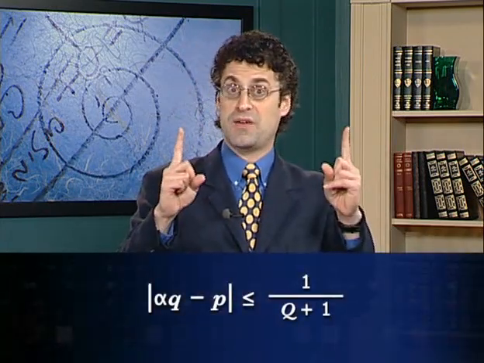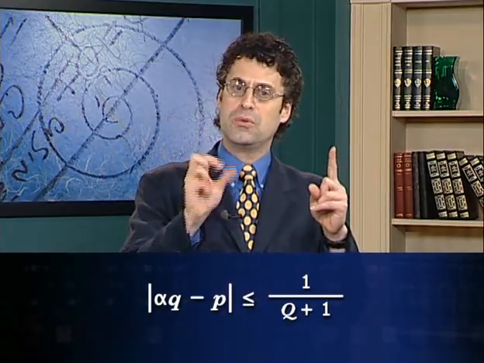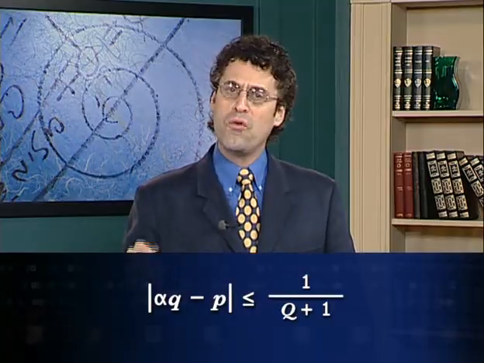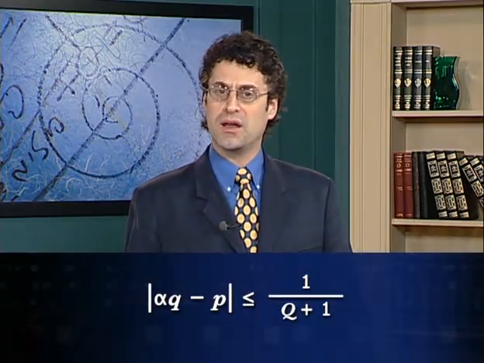In some sense, this value is a weighted measure of how well p over q approximates alpha, weighted in the sense that we're weighting it against the size of the denominator. By Dirichlet's result, we see that the rational p over q appearing in his theorem satisfies the inequality: the absolute value of alpha q minus p is less than or equal to 1 over (capital Q plus 1).